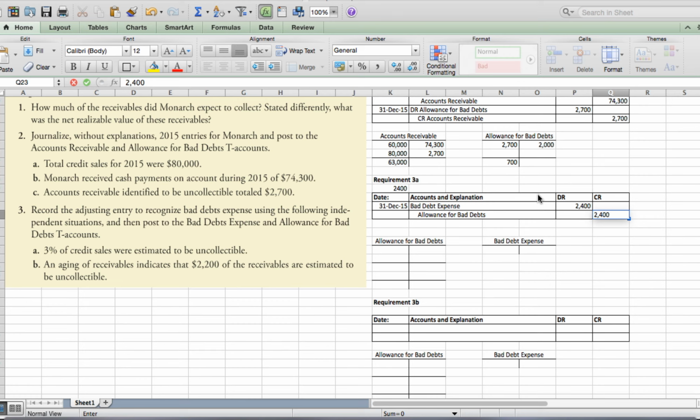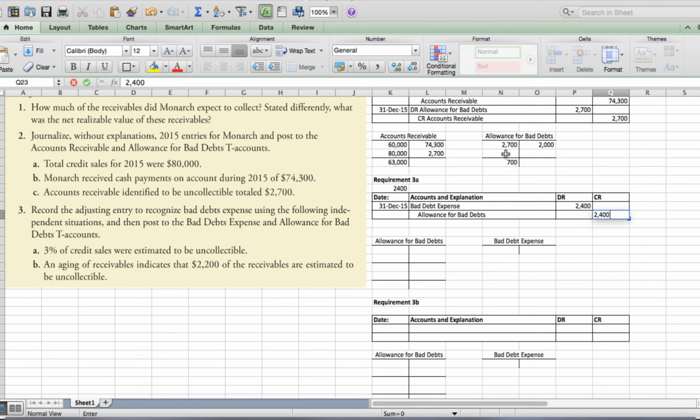And they ask us also to, using all the information we have so far, fill in the T-chart after this journal entry for both allowance for bad debts and bad debt expense. Okay? So, looking back up here, we already have a balance in allowance for bad debts. Okay?